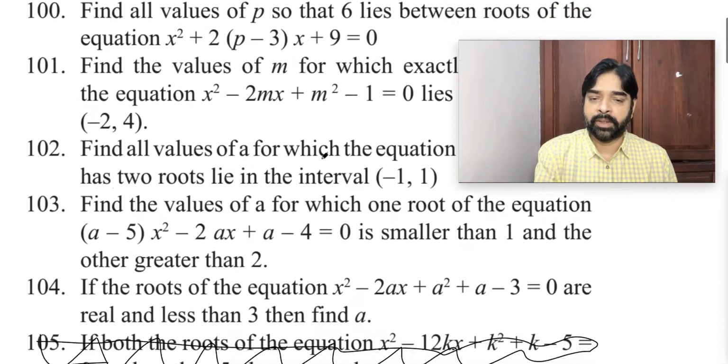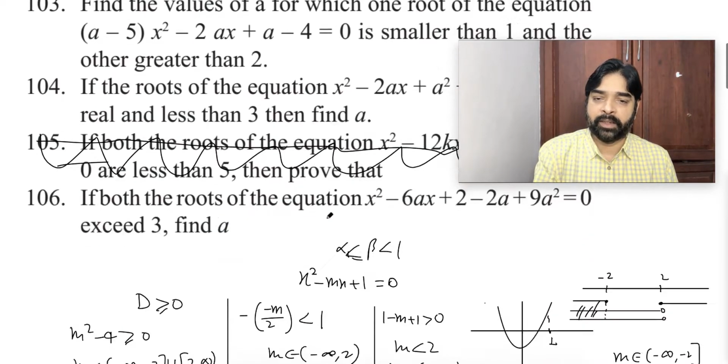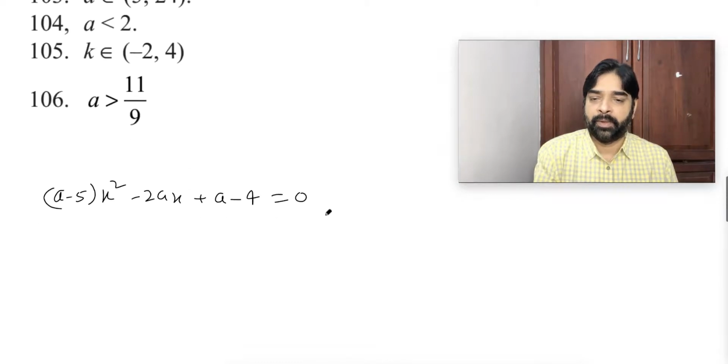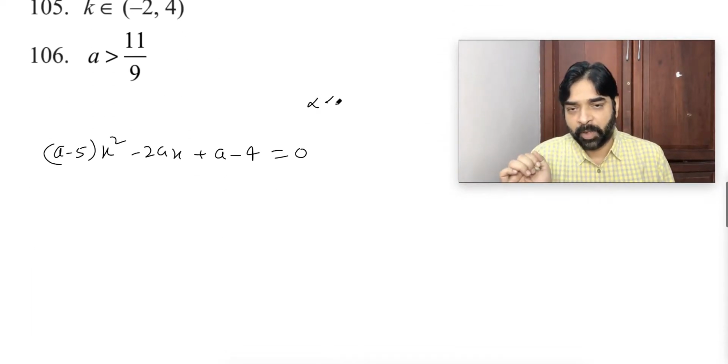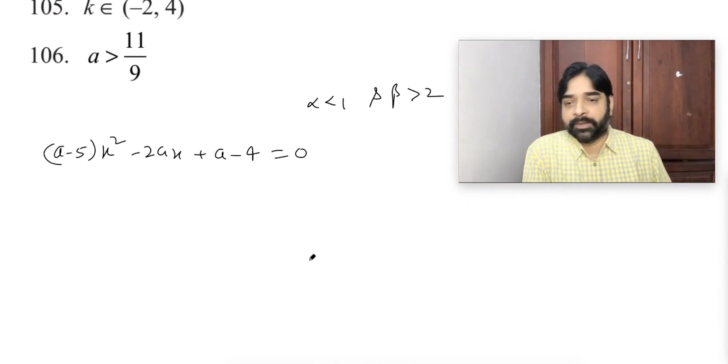And yes, one root is smaller than 1 and other is greater than 2. Alpha is smaller than 1 and beta is greater than 2. This is what the question is saying. Am I right? Let's go ahead.